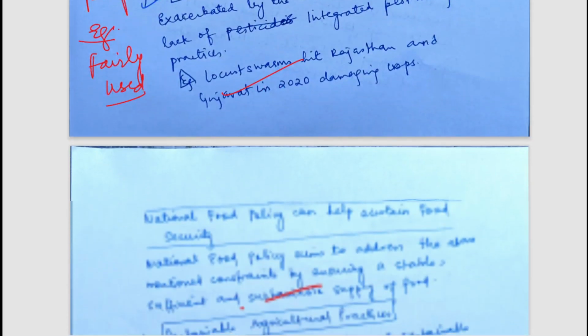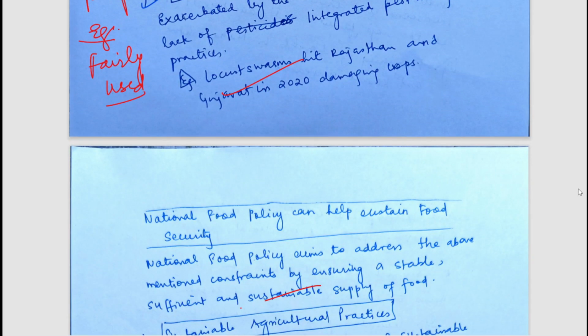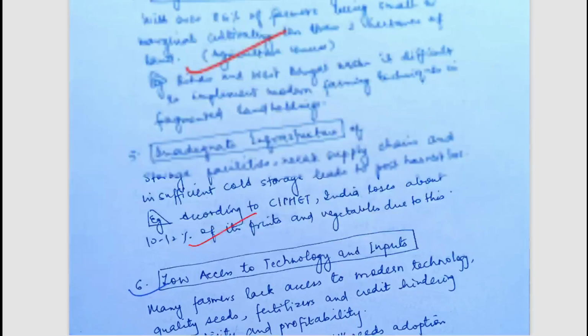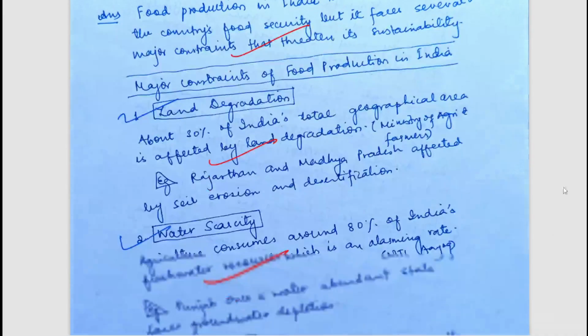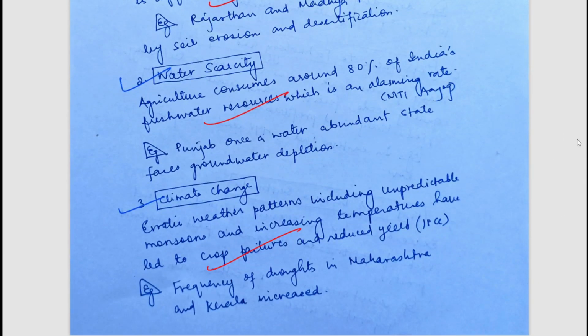So all these are things which are impacting food production in India. I hope you understand it, and you can pause the video at several intervals and read the answers.